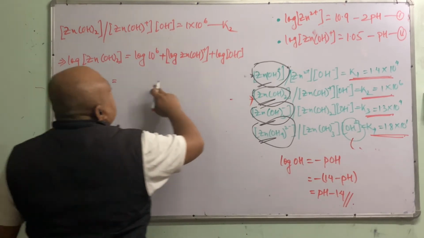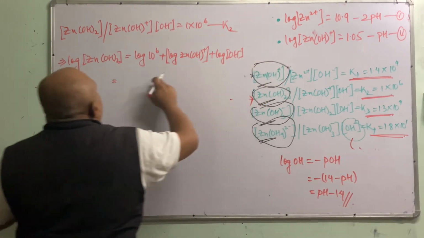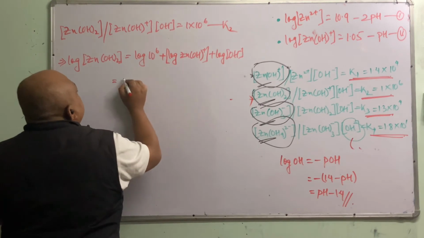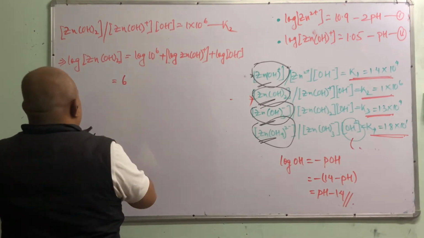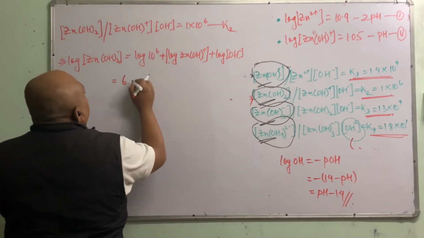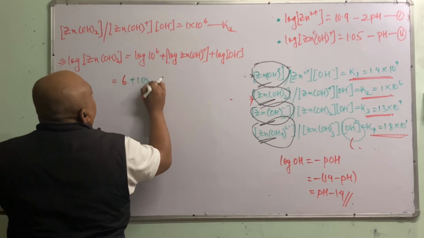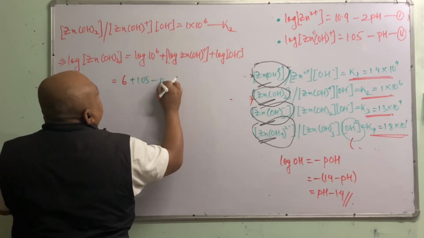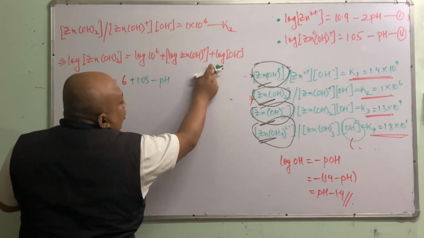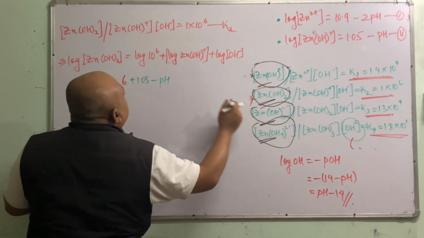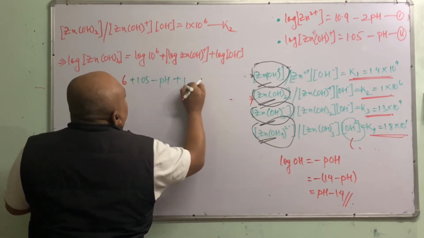So now, log of 10 to the power 6 is 6. This one I'm replacing with 1.05 minus pH. And what is log OH-? pH minus 14.